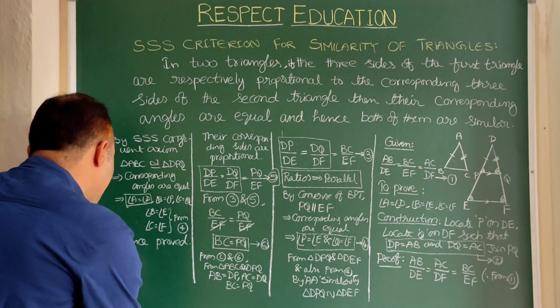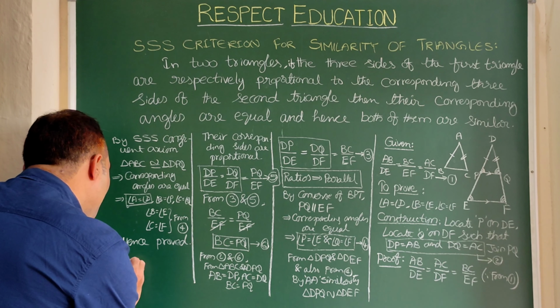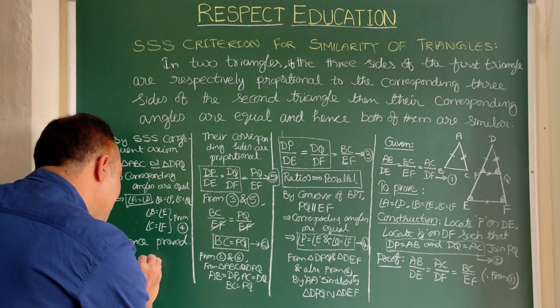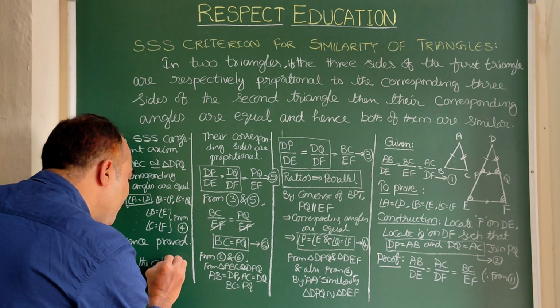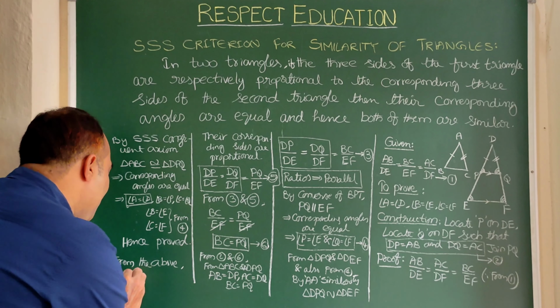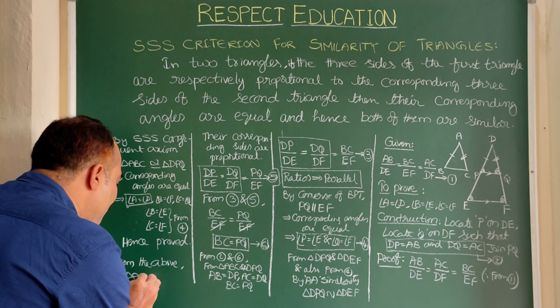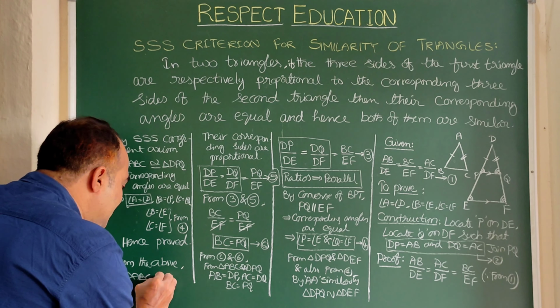So from the above, triangle ABC is similar to triangle DEF. Hence both of them are similar. Therefore these two are proved as similar. With this, the SSS criterion for similarity of triangles gets completed.